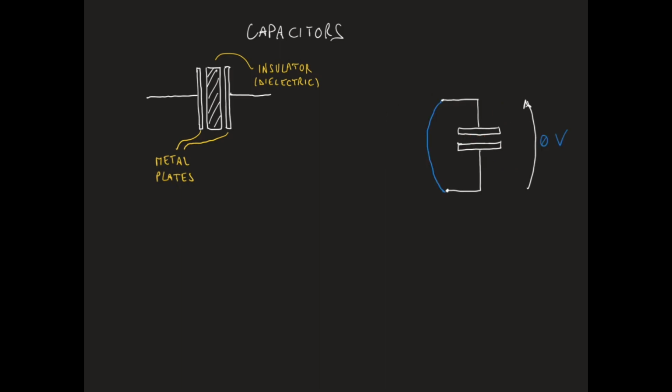So we can short circuit the two plates. In a circuit, the capacitor can be found to be represented by a symbol like this or by this other symbol.